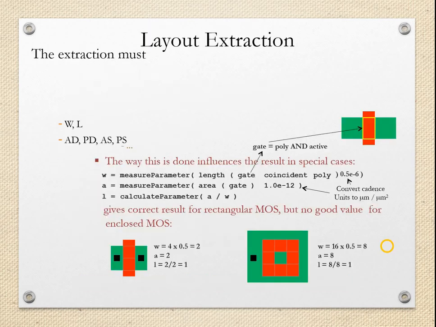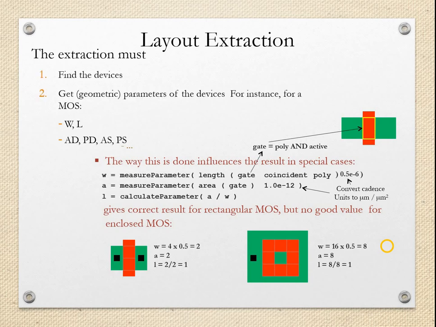Then the layout extraction. The extraction must find the devices and get the geometric parameters of the devices. Like for the MOS transistor, what is W, what is L, and as per that it will extract the information regarding the layout, and it will start preparing the netlist file for this layout.